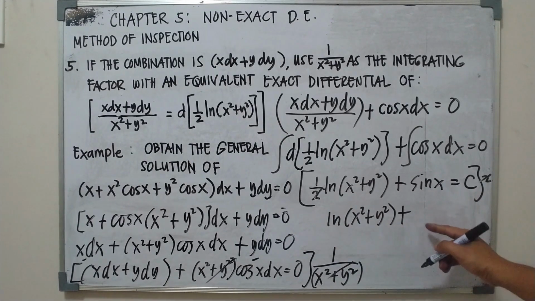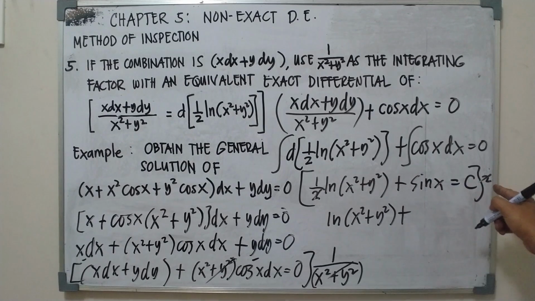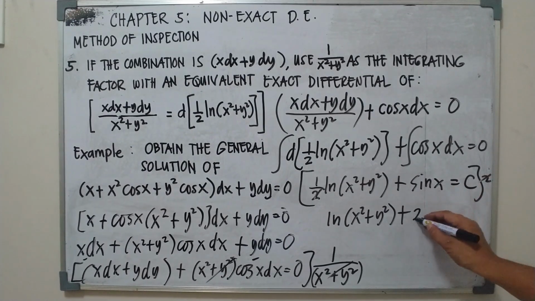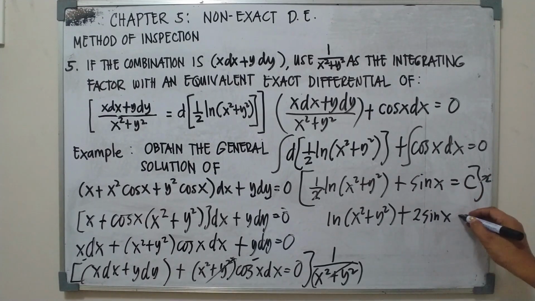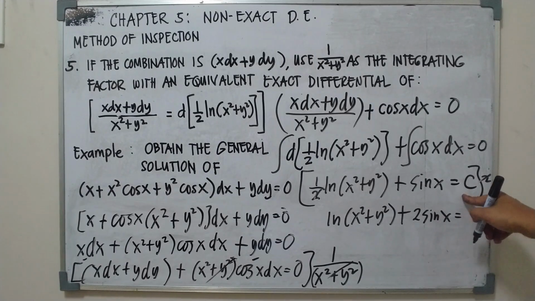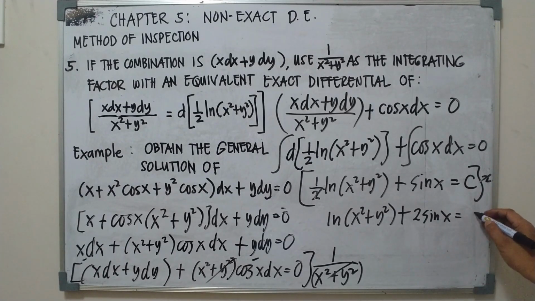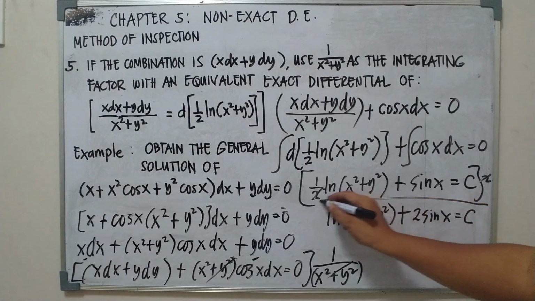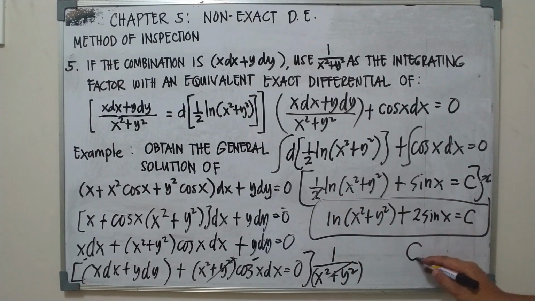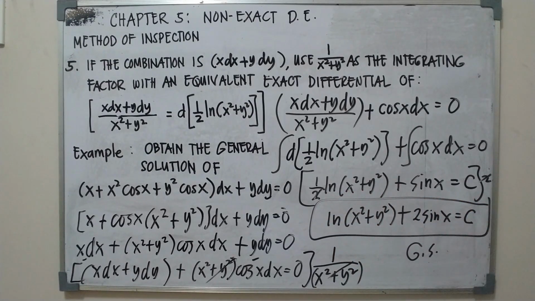So, ln na lang. So, this is plus 2 sine of x times 2 is equals to 2 sine of x. And this is equals to 2 times c is c, or simply constant pa rin. So, this is equals to c. This is our general solution. Okay? So, hopefully this is clear.